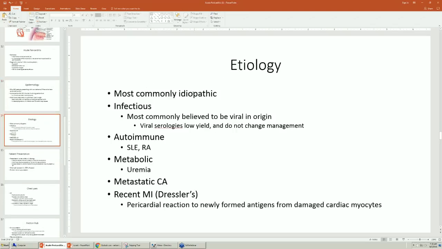And so the etiology most commonly is idiopathic, which is basically acute viral, but the viral serologies are low yield, and most commonly it'll be viral in origin, and then the autoimmune, which we see all the time. Lupus patients very frequently have pericardial effusions back and forth. Anybody who's been on the renal service will see uremia and pericardial rubs and pericardial fluid, very frequent.